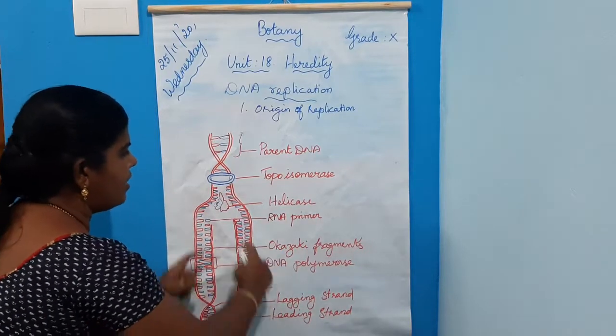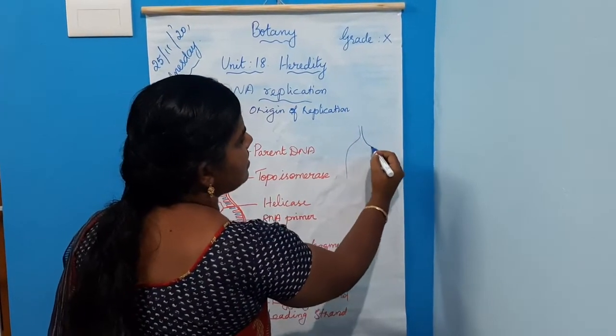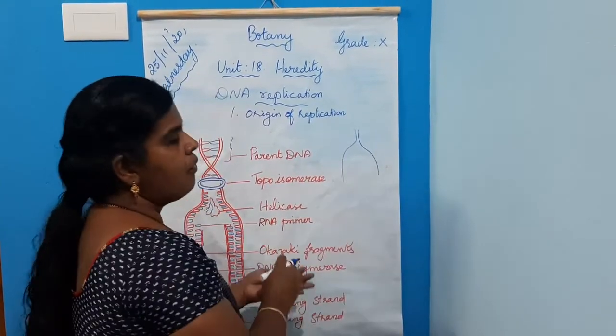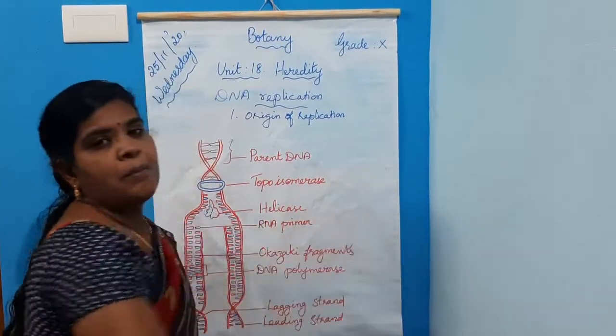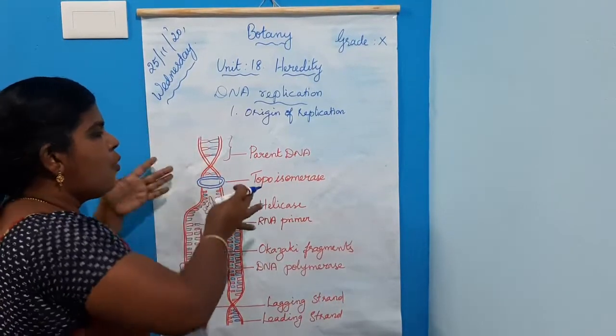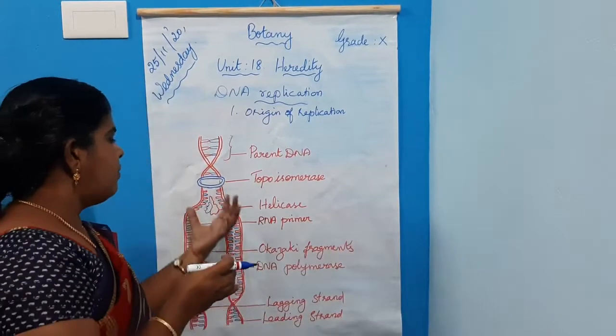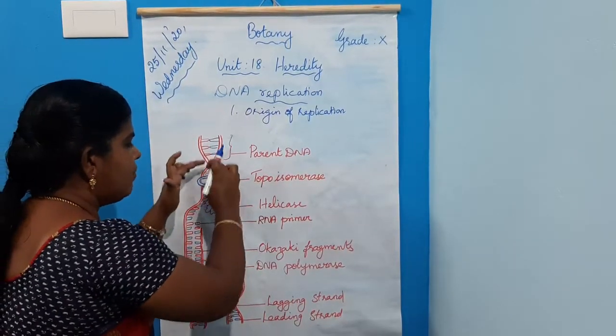This is the replication fork. You all know how a fork is, isn't it? Now this is the replication fork. So during replication, the two DNA strands open and separate at this point, forming a replication fork like this.